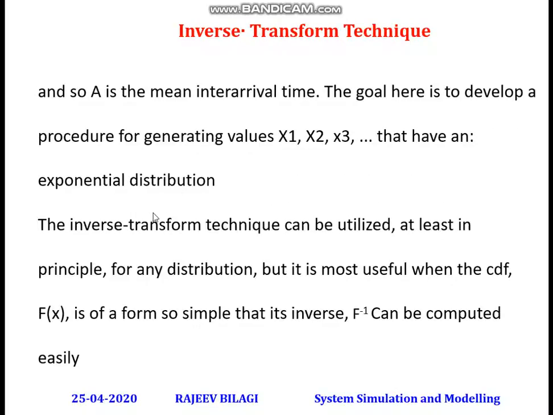Now, usually the goal for this particular technique is to generate or to develop a procedure for generating the values x1, x2, x3, which are random variates that have exponential distribution. Now input will be in terms of random numbers, and you need to generate x1, x2, x3 in terms of random variates. Now, usually F of x will be known, and it can also be represented in the form of F inverse. So, hence it is called the inverse transform technique.